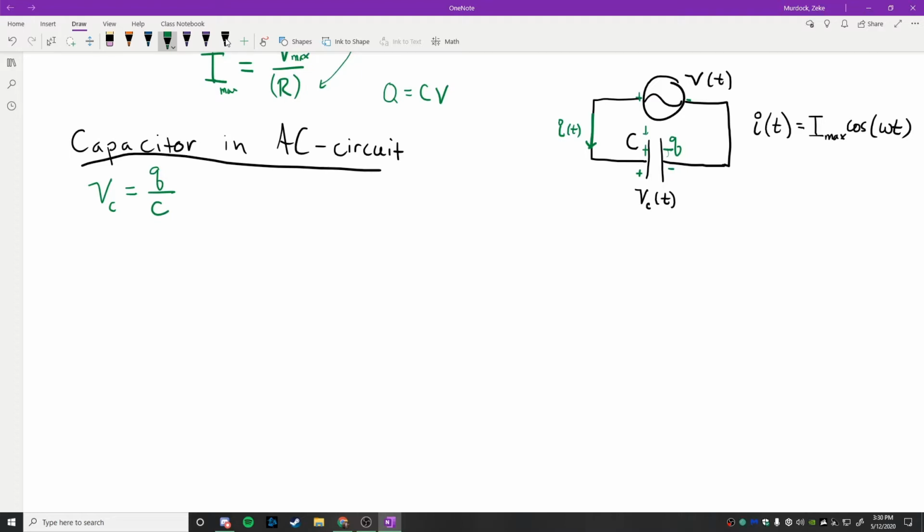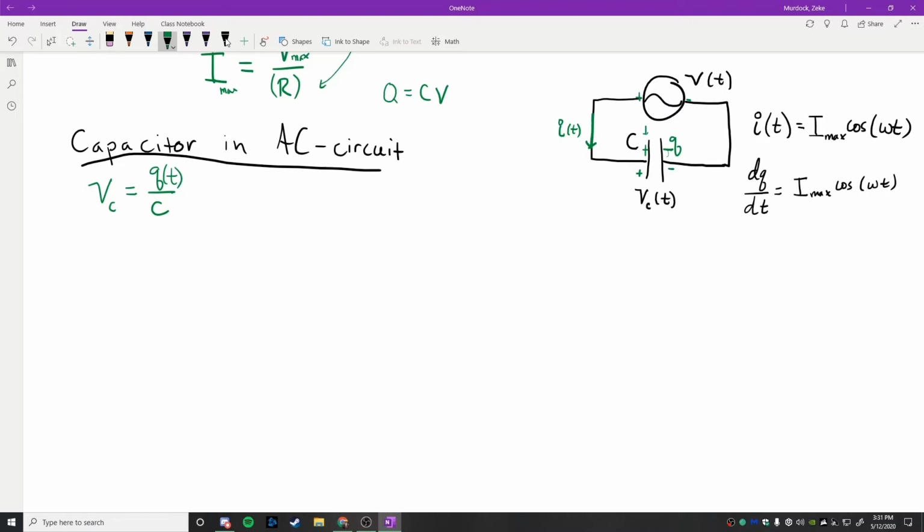If we know what the current as a function of time is, we also know that it can be expressed as the time derivative of the charge, dQ/dt, being equal to this. We can use this expression to solve for the charge as a function of time, because that's ultimately what we need to find the voltage across our capacitor.